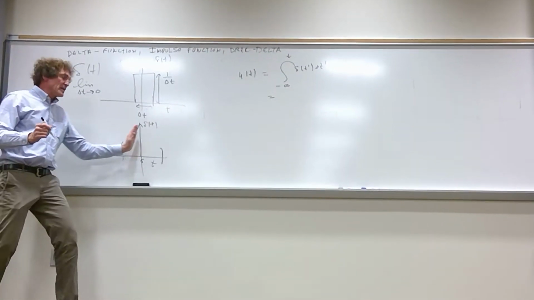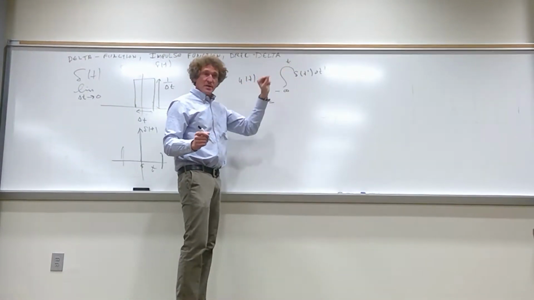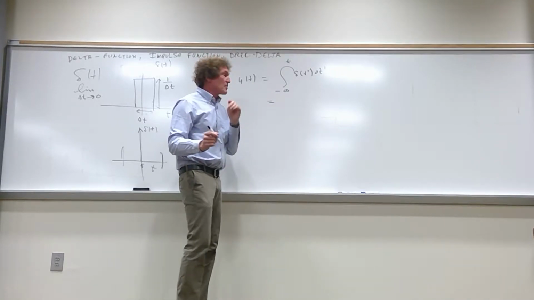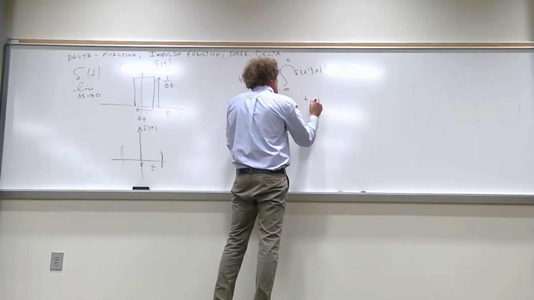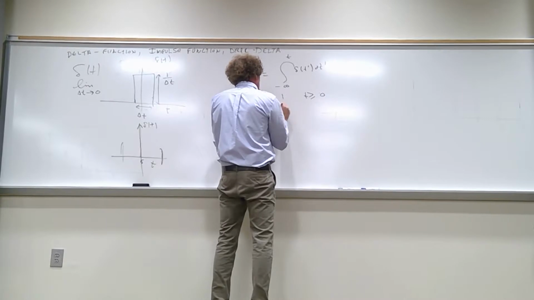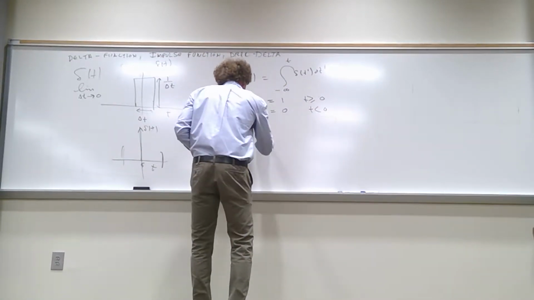But if you integrate that function, if this is greater than 0, then u of t is 1, isn't it? Because the area under there is 1. And if it's less than that, it's 0. As a matter of fact, u of t is defined as 1 for t equal to or greater than 0, and it's defined as 0 for t less than 0. So u of t looks like this.